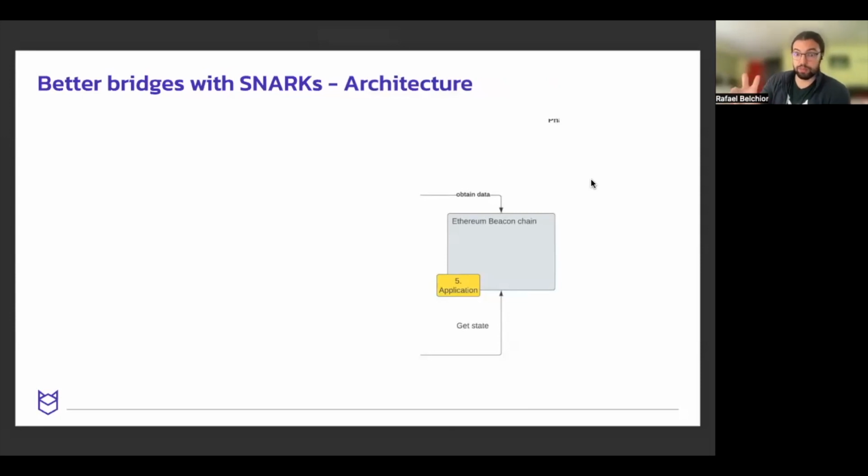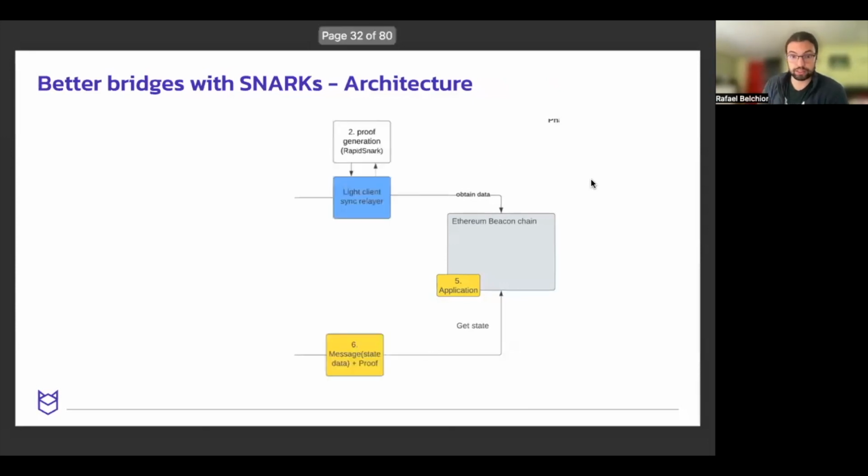We have the Ethereum beacon chain. We have a smart contract there, which is our application. In our case, it's the simple storage contract. Then we have two relayers. One of the relayers on top is the Dendrith relayer. It obtains data from the Ethereum beacon chain, namely the previous blocks, the sync committee validators, and so on. And it validates a proof that a certain light client update is valid.